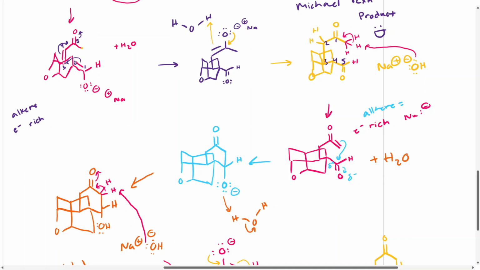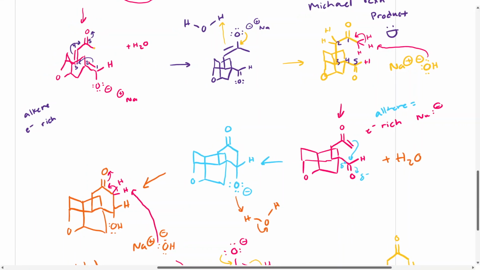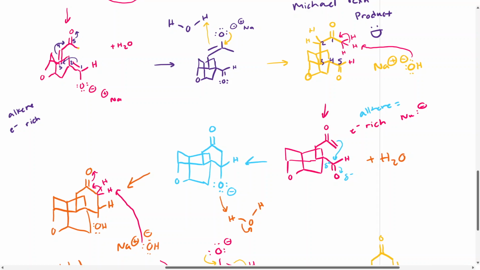I just realized I made an oopsie, let me check the key. Yeah, so I did make a mistake. Essentially when we form the alkene here, this should be an enolate.